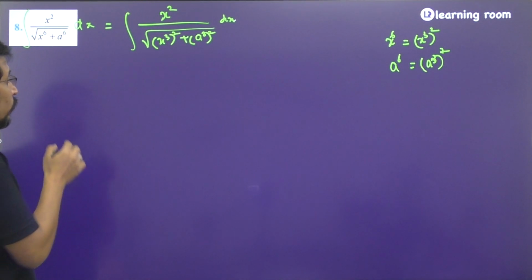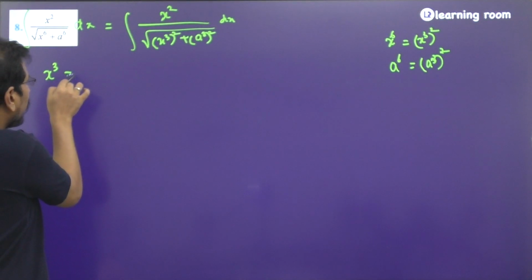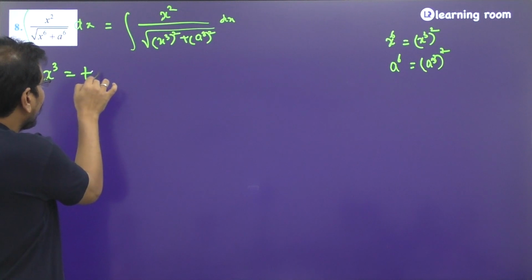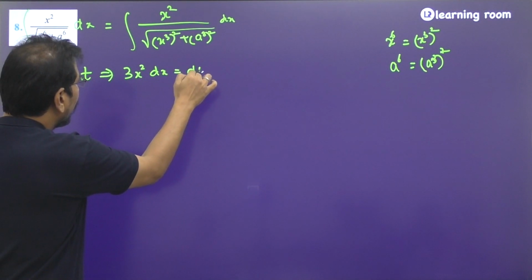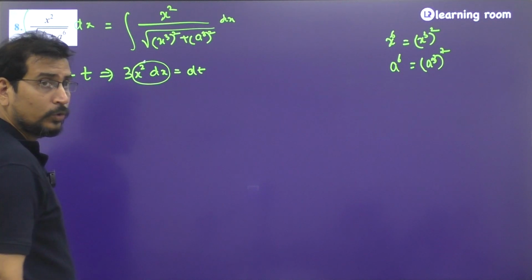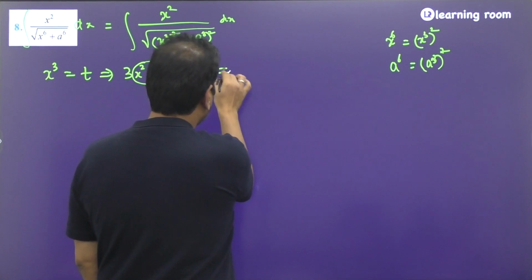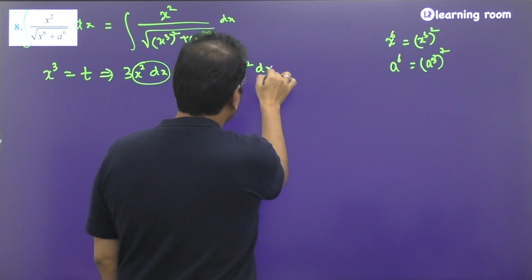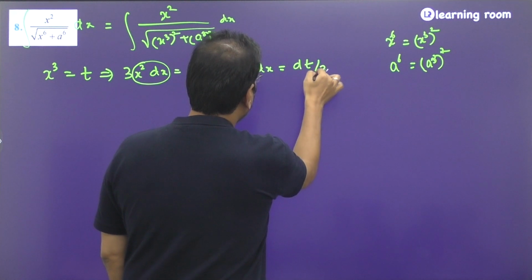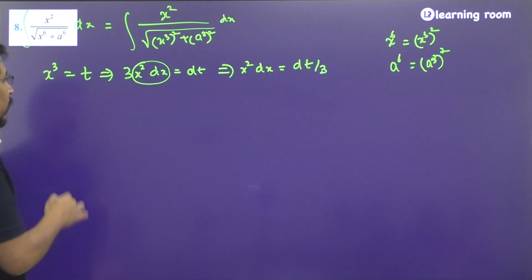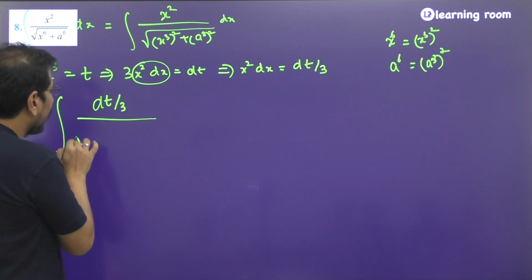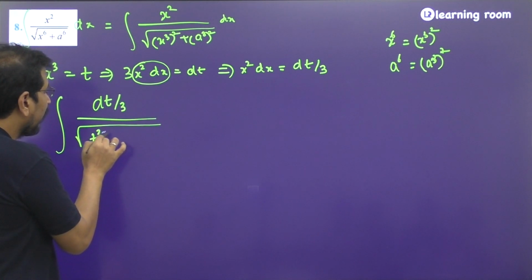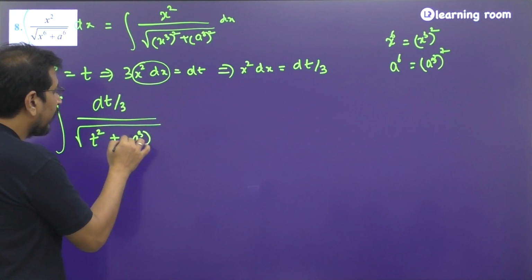Am I right? So if you take x cube as t, that implies 3x square dx is equal to dt. So x square dx is equal to dt by 3.